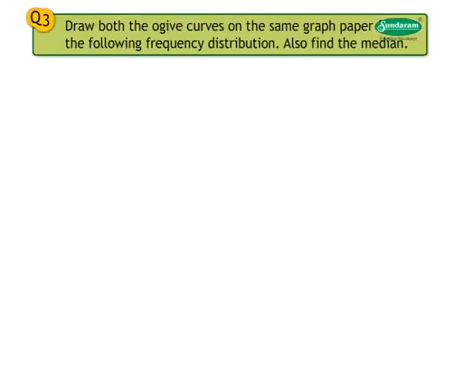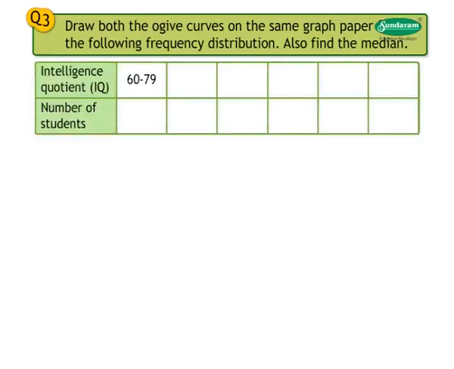Number 3. Draw both the Ogive curves on the same graph paper for the following frequency distribution. Also, find the median. IQ of 2 students is between 60 and 79. IQ of 9 students is between 80 to 99.